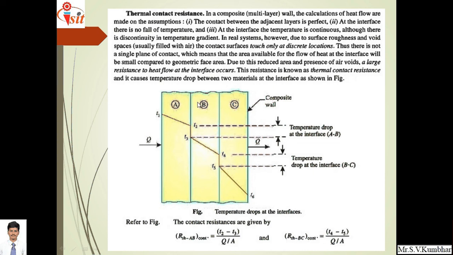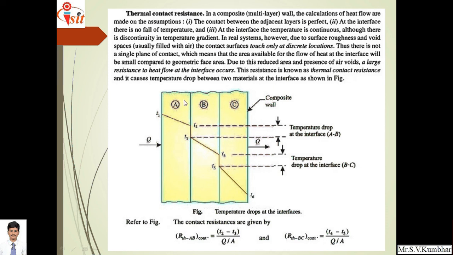In between the A and B junction, or the B and C junction, due to this reduced area and presence of air, a large resistance to heat flow through an interface occurs. This resistance because of air is known as thermal contact resistance.